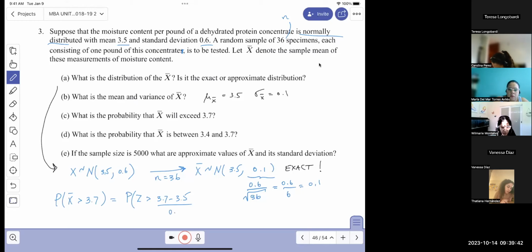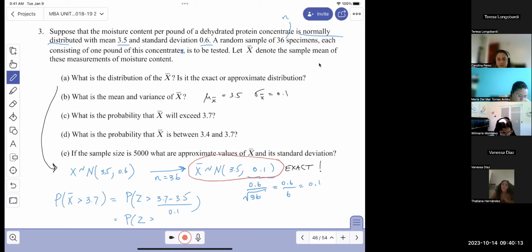Very good. Now you look here because that's X bar, that's your distribution. You don't look at the old one. And simplify. That would be 2.